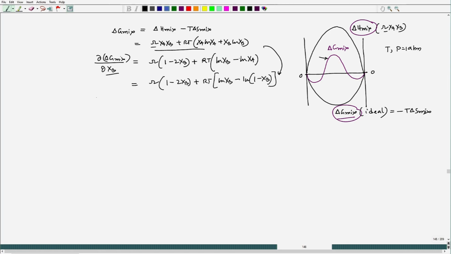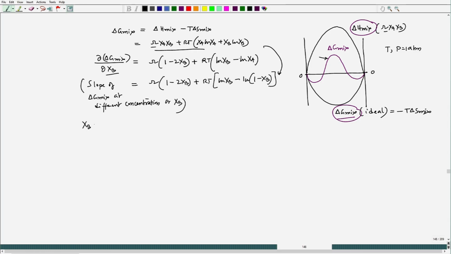Now, let us say I want to see the slope, this is nothing but the slope of delta Gmix at different concentration xB. Okay.